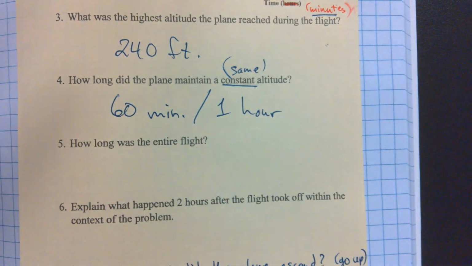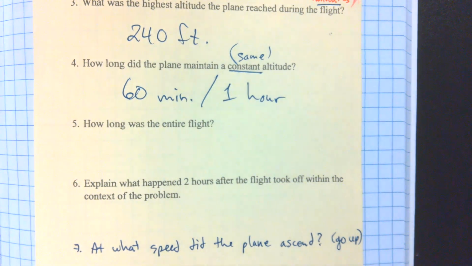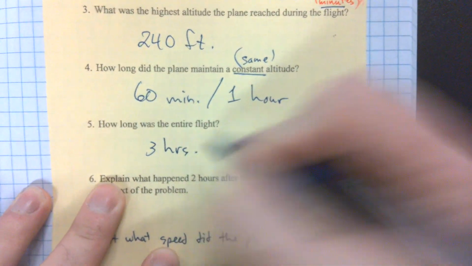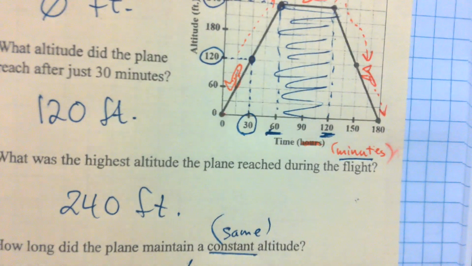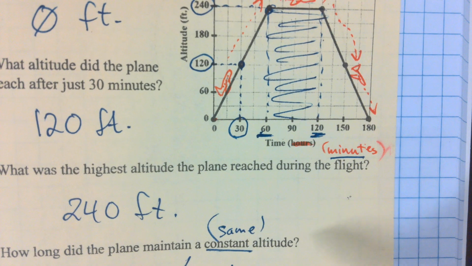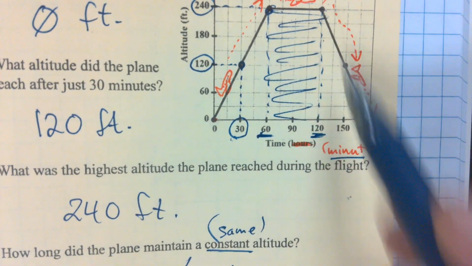Number 5, this one's pretty simple. How long was the entire flight? Who's got that one? Trying to get someone new. 3 hours. Leilani, what'd you say? 3 hours? How'd you get 3 hours? Because I just like counted going up, then it's straight, and then it goes down.